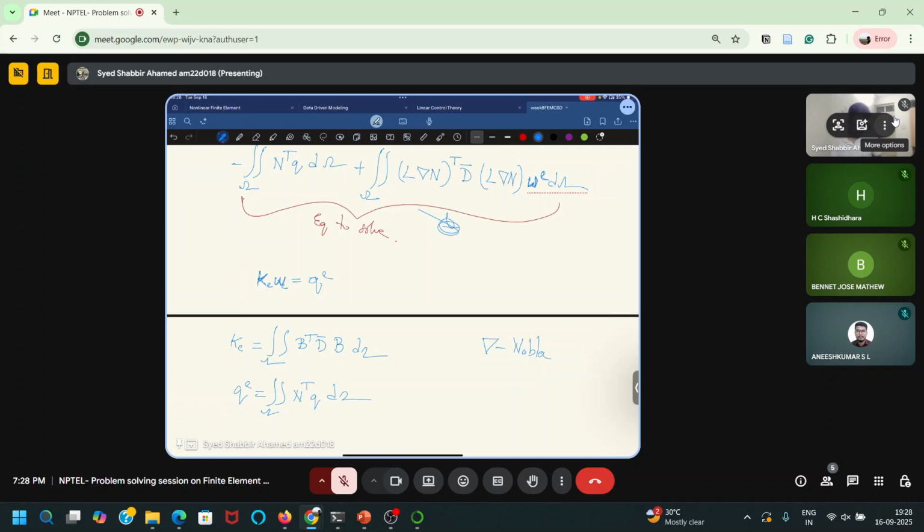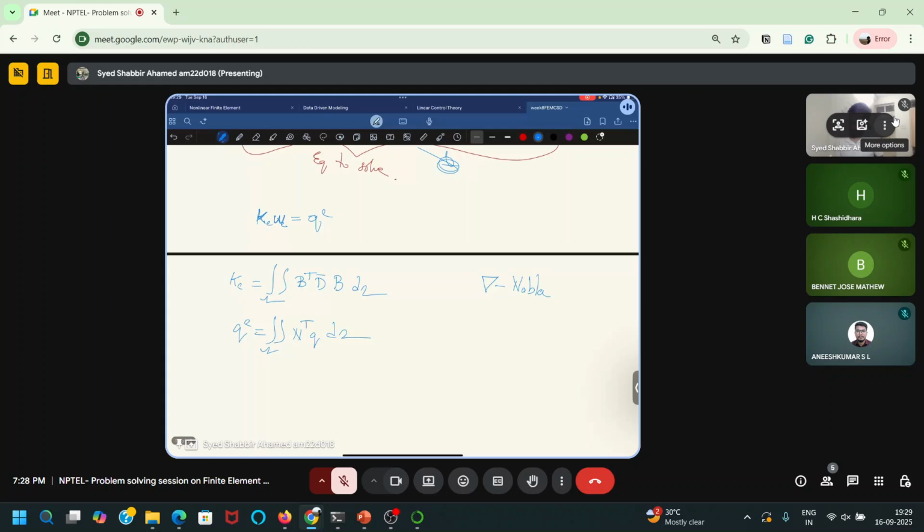L is this. So this is the L matrix. It looks like this, over dou x.